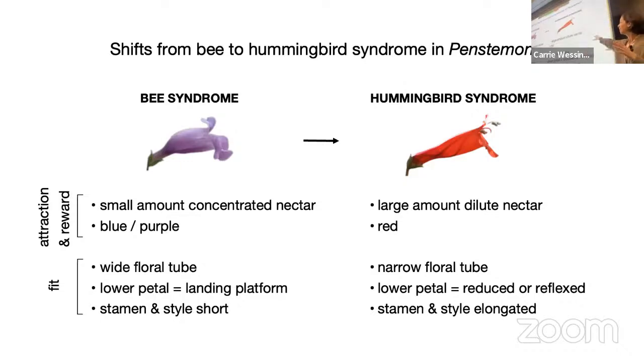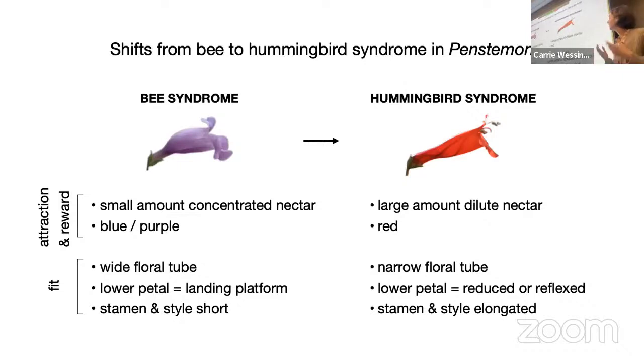And then the hummingbird-adapted Penstemons have evolved this bright red flower color that stands out well to hummingbirds. They produce lots of nectar. And of course, hummingbirds have large energetic demands, and they're not going to be reliably visiting those flowers that don't produce that large nectar reward.